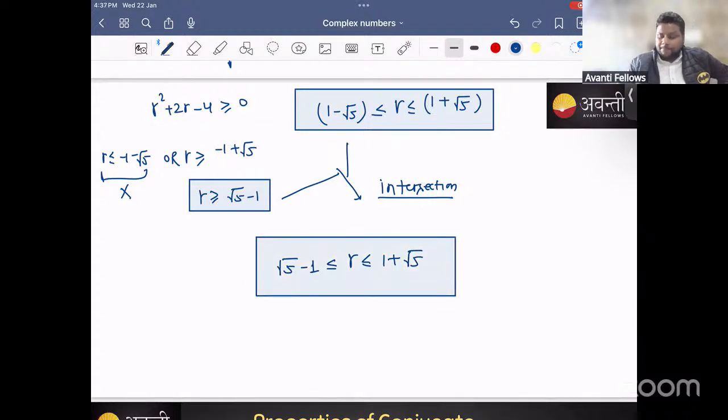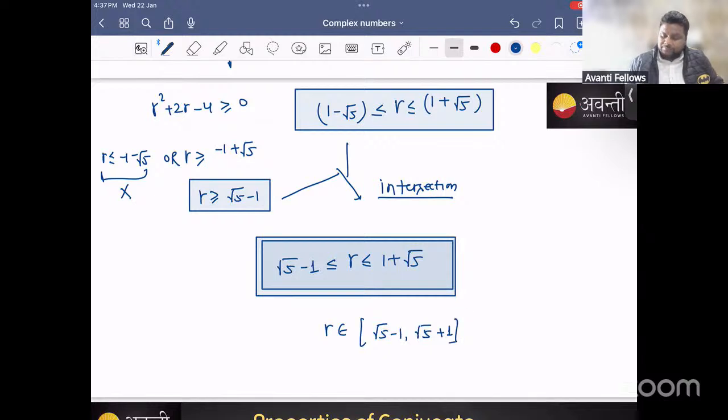Am I clear? In interval notation, you can write it from root 5 minus 1 to root 5 plus 1. Got it?